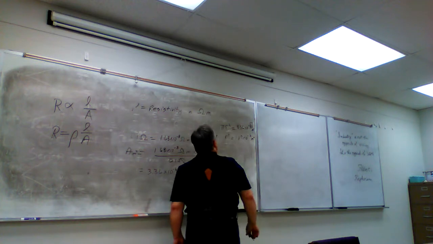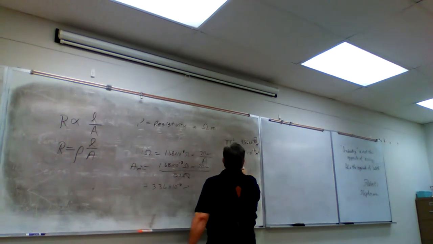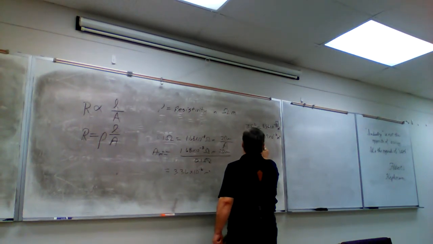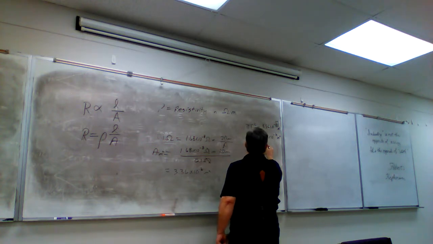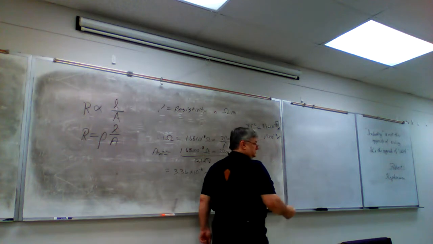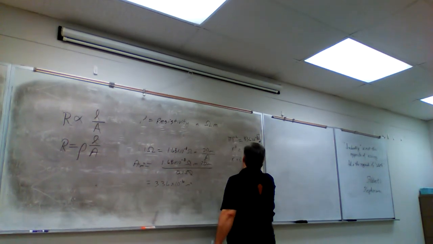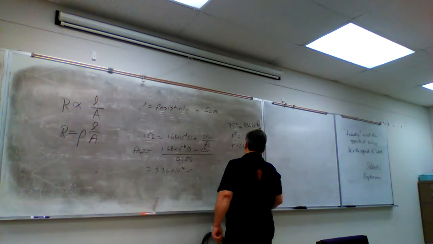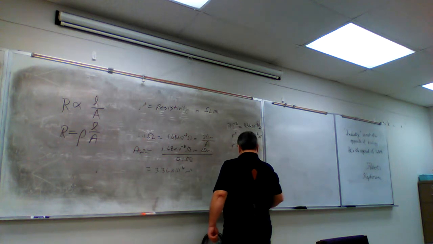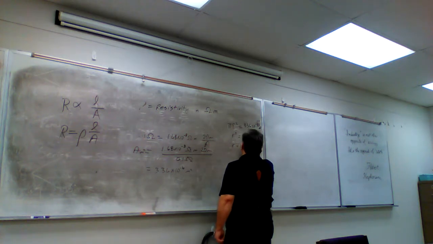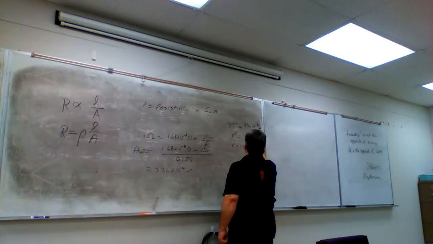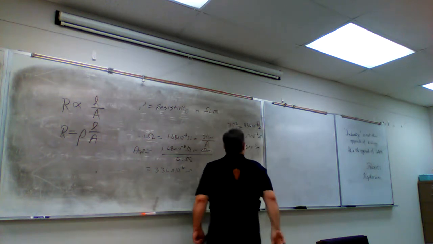Meters squared. And if we take the square root of that, we get 1.03 times 10 to the minus 3 meters.